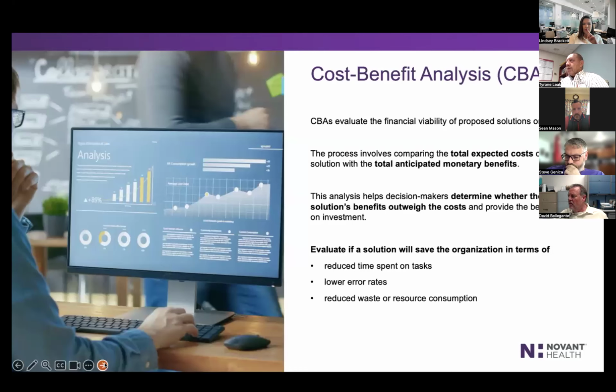Okay, so when we talk about the cost benefit analysis, what I have discovered is that not every process excellence situation I have dealt with lets me derive a cost benefit.